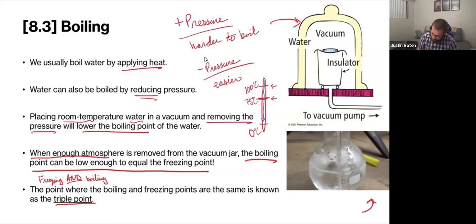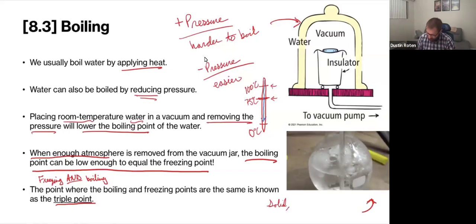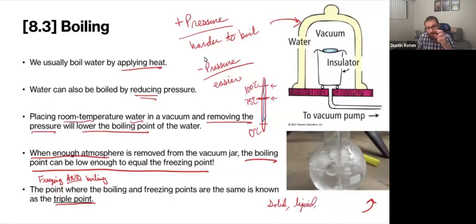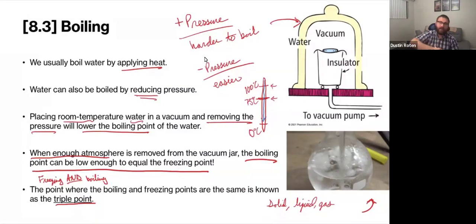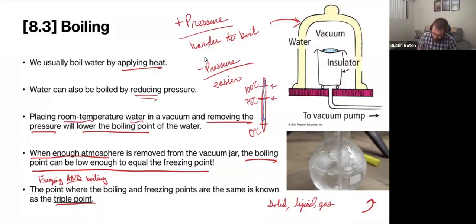So you actually have a solid because of the ice. You have a liquid because of the water. And you have a gas, all in there at the same time because of the water vapor. And this is the triple point. Basically, you have to suck all the air out of the atmosphere inside that container, and then the water will just start boiling and freezing at the same time.